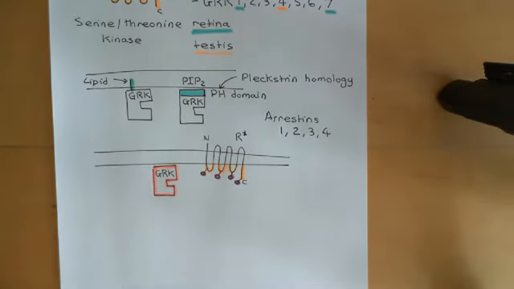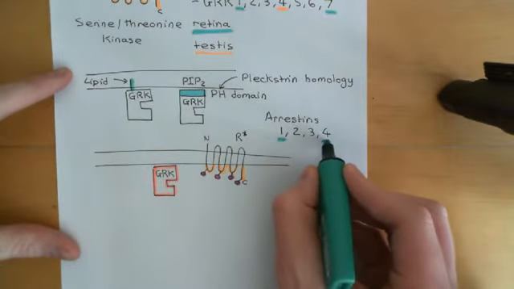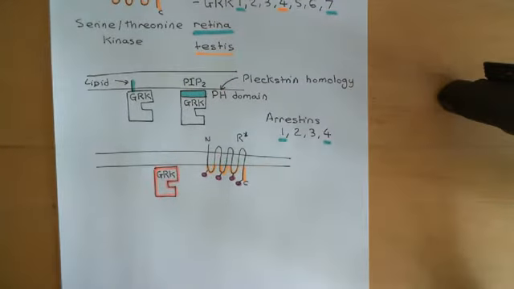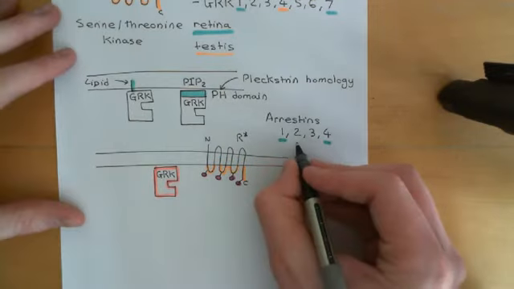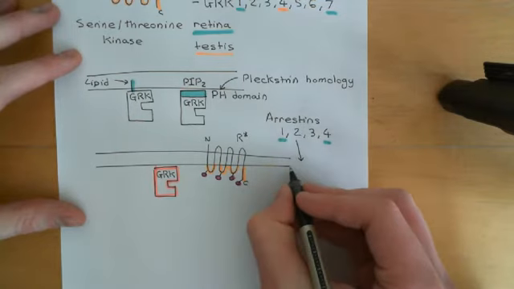Now, just like with GRKs, arrestin 1 and arrestin 4 are actually only found in the retina. So arrestin 2 and arrestin 3 are the ones that are going to be important elsewhere in the body. Now, arrestin 2 and arrestin 3 confusingly have other names, and these are quite confusing.